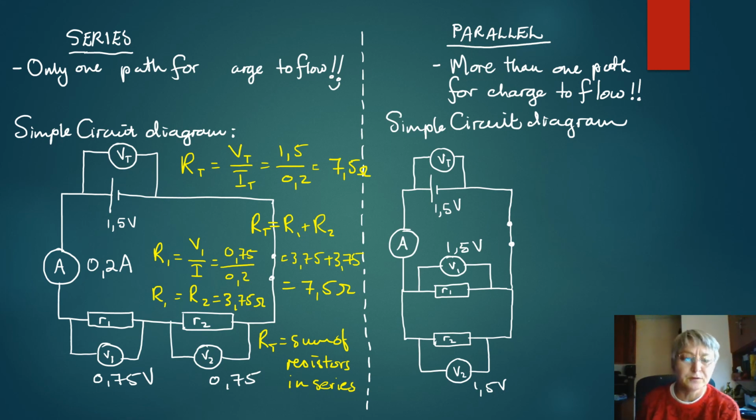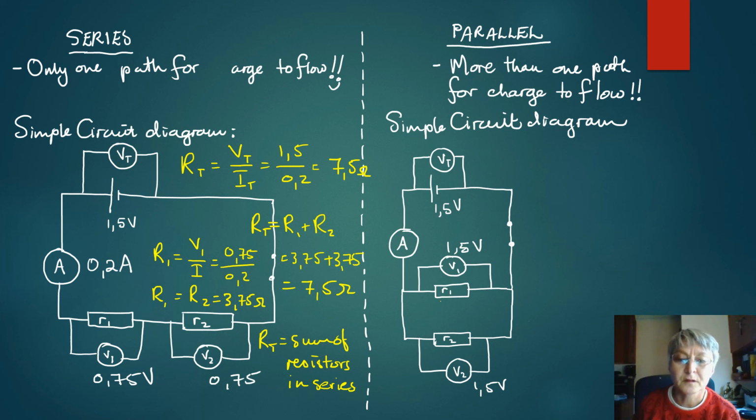If we flip to the parallel circuit, something very interesting happens. Now, if I use the same resistors in the first circuit, in the series circuit, as in the parallel circuit, let's see what happens to the total resistance in the circuit.